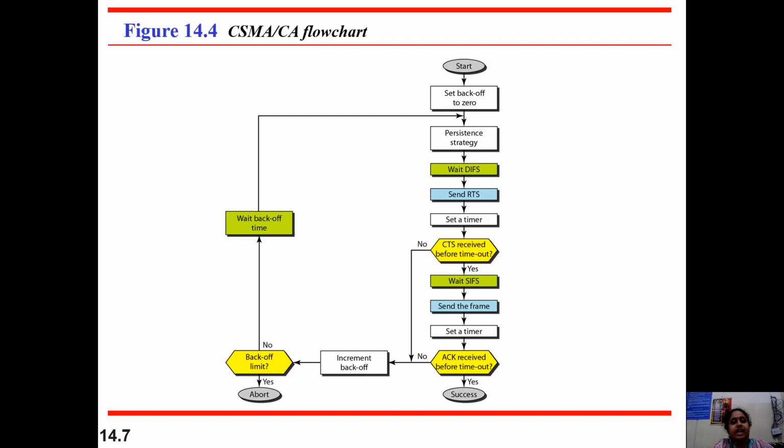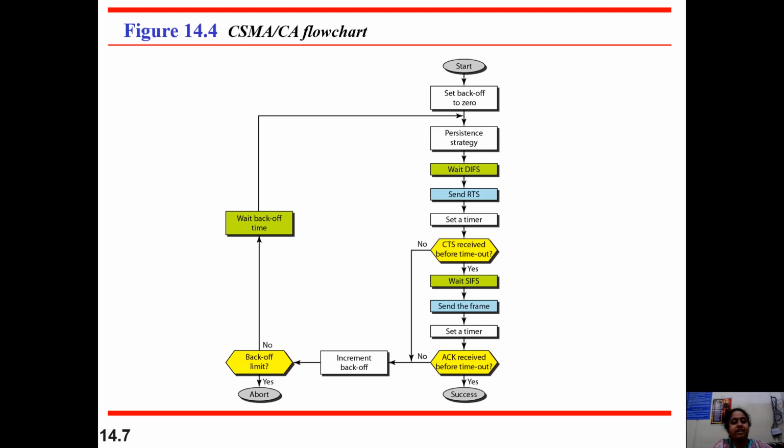CSMA-CA is one type of random access protocol where CA stands for collision avoidance. In wired networks, CSMA-CD is the widely and popularly used Ethernet protocol at the MAC layer. However, we cannot use CSMA-CD, that is the collision detection technique, in wireless networks, because collision detection is based on sensing of the channel and listening for the collision signal.